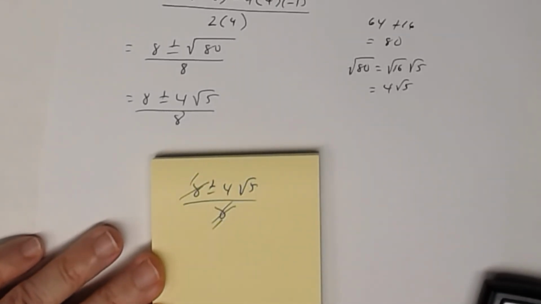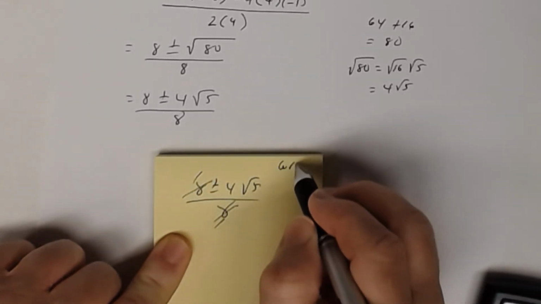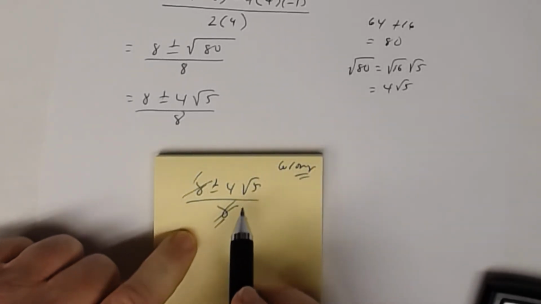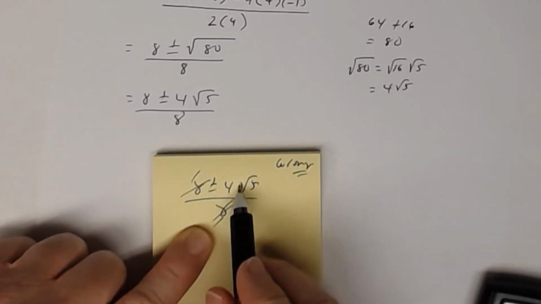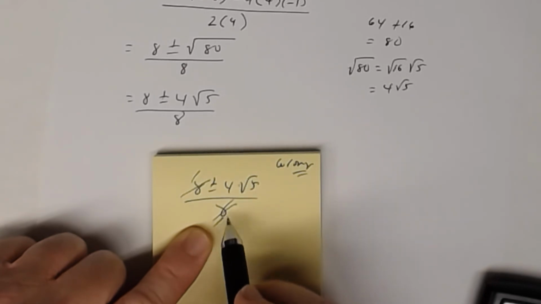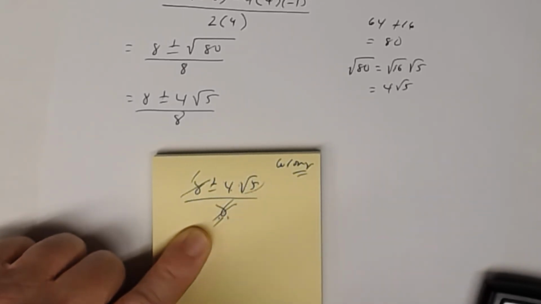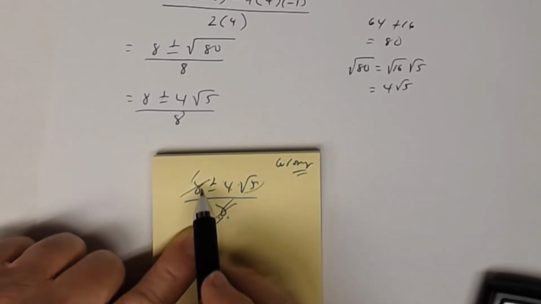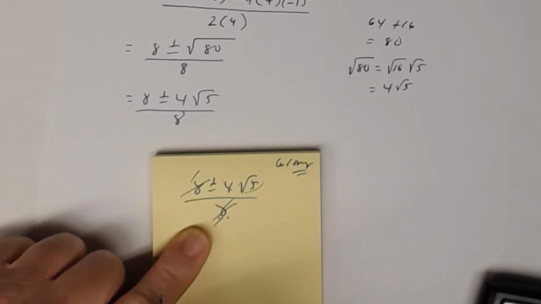You cannot do that. This is wrong, because both of those terms in the numerator have to be divided by 8. So if you do this, then this is no longer being divided by 8. So you got to be careful. Mathematically that's incorrect.